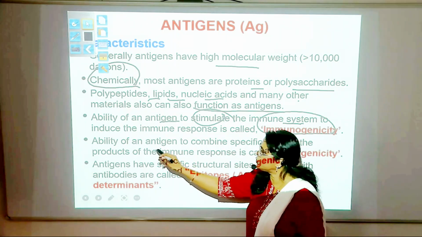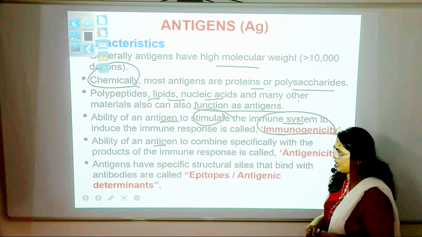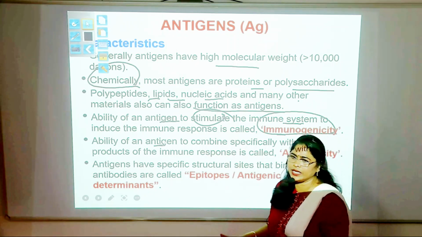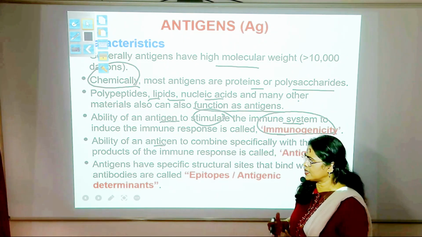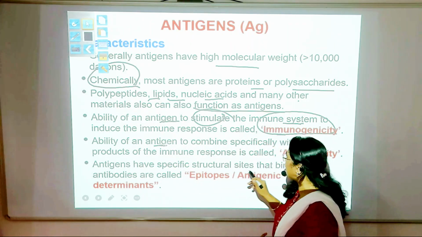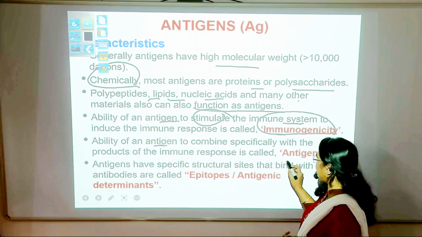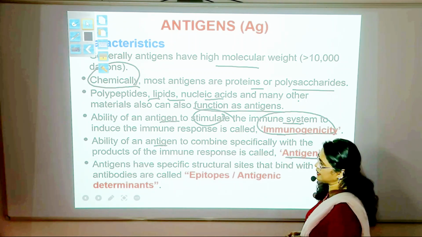The antigen should also have the ability to combine with an antibody. Unless and until an antigen combines with an antibody, the reaction will not start in the body, and hence it should have an ability to combine with the specific antibody. This property is called antigenicity.